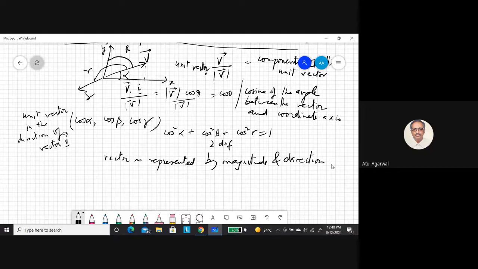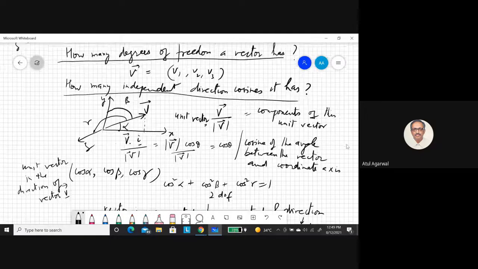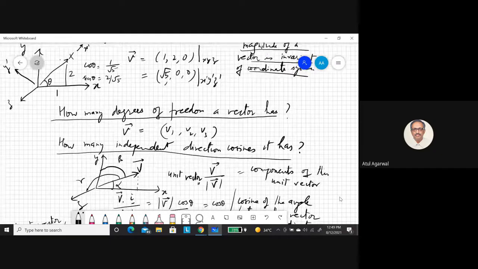Now since direction is represented by the unit vector, it has 2 degrees of freedom, while magnitude has 1 degree of freedom. So your degrees of freedom are again 3. Okay. So direction cosine is an important concept. So you should know that they are basically cosines of the angles formed by the vector with the different coordinate axes.